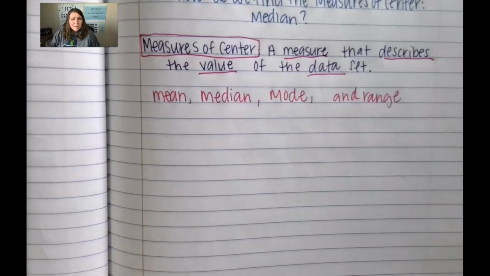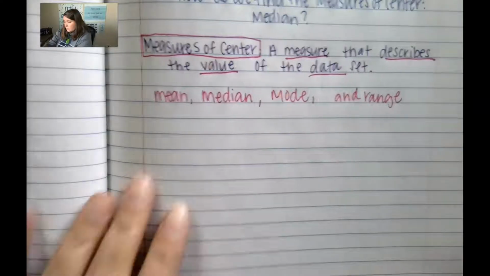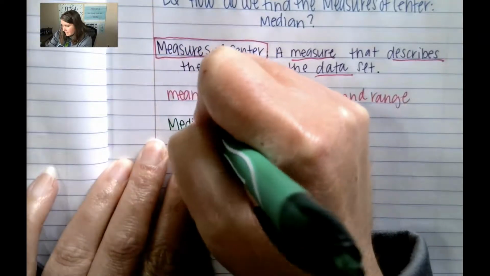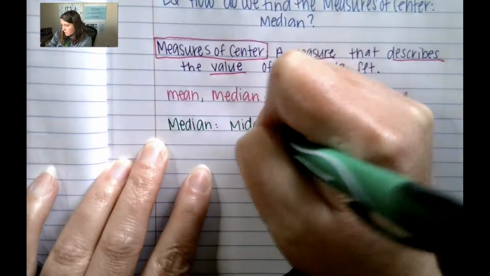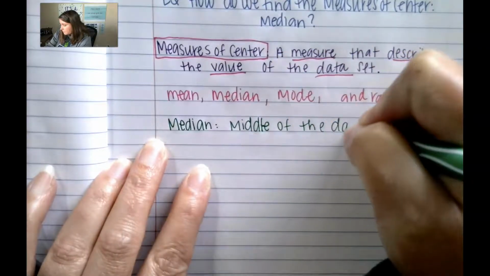A mediator is someone who comes in between two people or two groups that are having a disagreement, and they help to mediate or sit in the middle to find a common ground, right? So the median is the middle of the data.